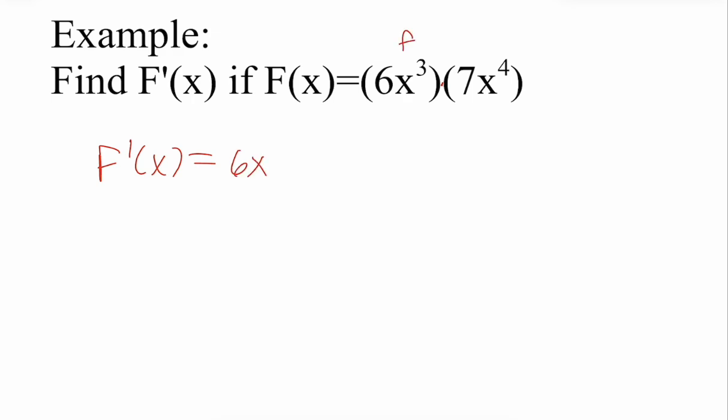So I'm going to call this f and g. So it's the first, write it down, times the derivative of the second. So that's 7 times 4, or 28 x cubed, plus the second, I'm going to write it down, times the derivative of the first. I'm going to do that multiplication.